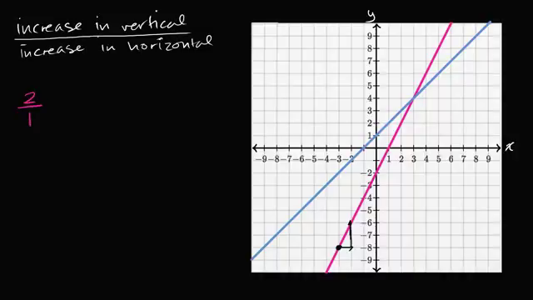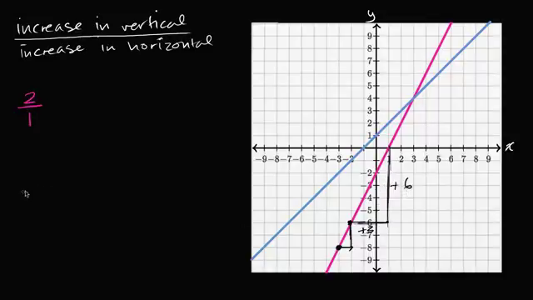Let's see, does that still work? If I start here and, instead of increasing the horizontal direction by 1, I increase by 3, so plus 3 in the horizontal direction, then to get back on the line, how much do I have to increase in the vertical direction? I have to increase by 1, 2, 3, 4, 5, 6. So plus 6.